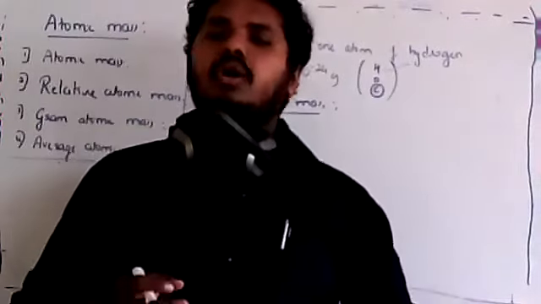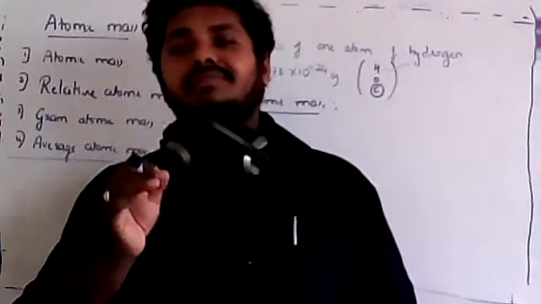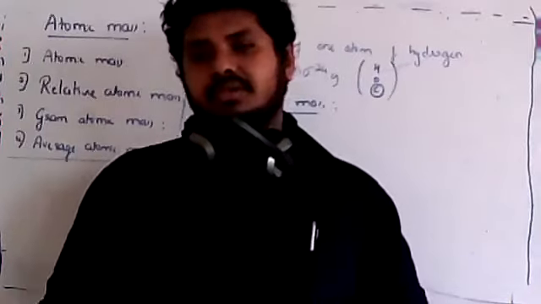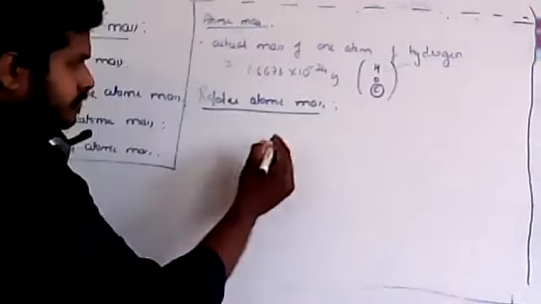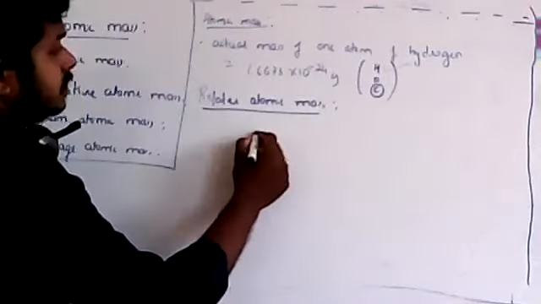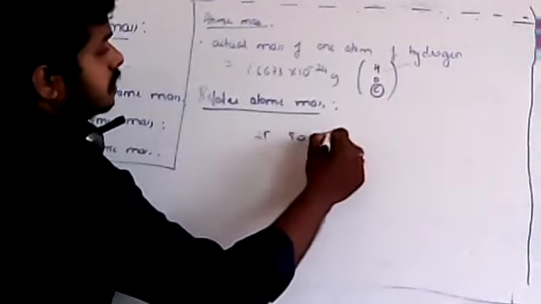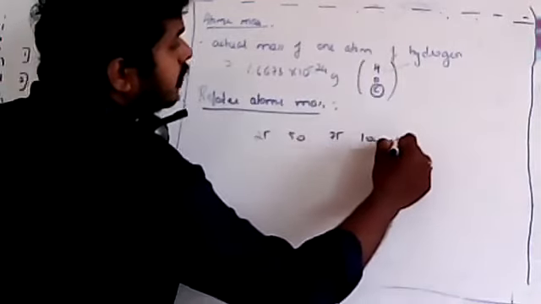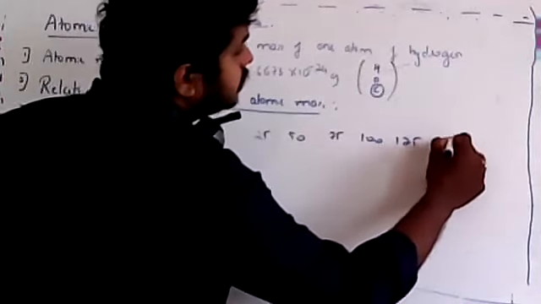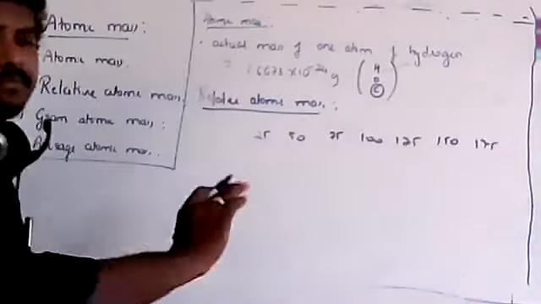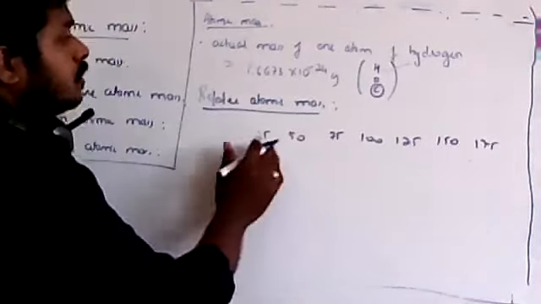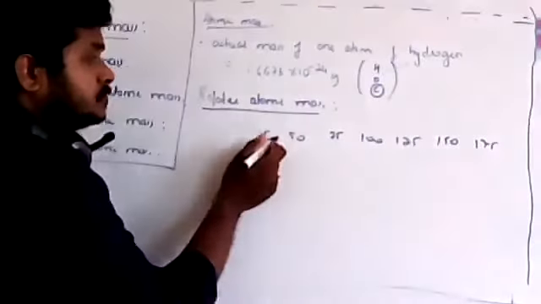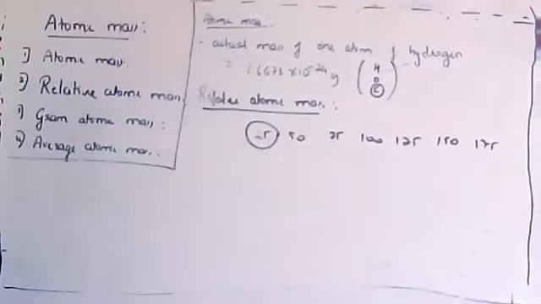While comparing, you have to compare with the one having the least mass. For example, imagine numbers like 25, 50, 75, 100, 125, 150, 175. If you want to find the relative mass, you have to divide these masses by the smallest number that is known to you. Got it?